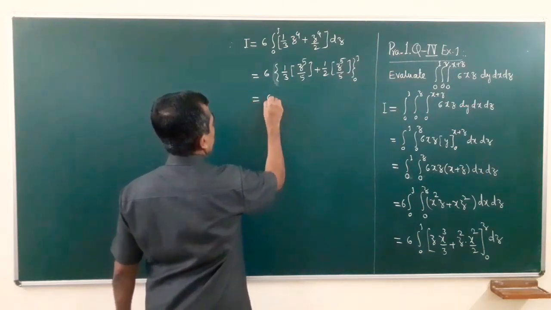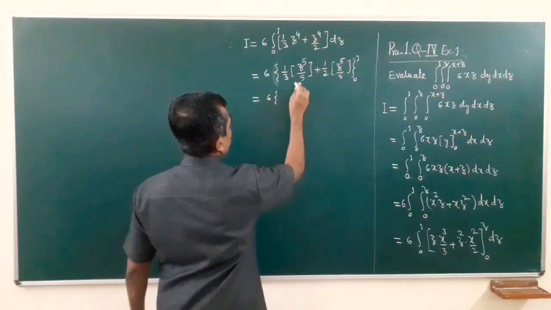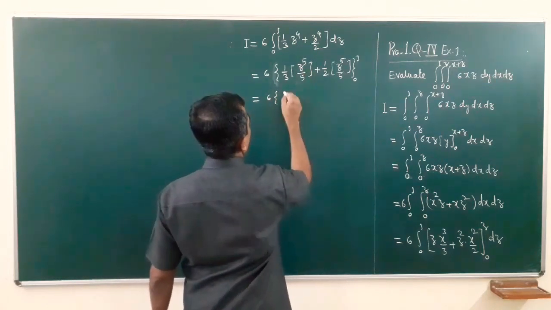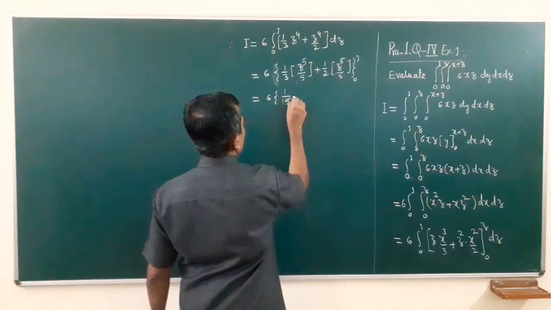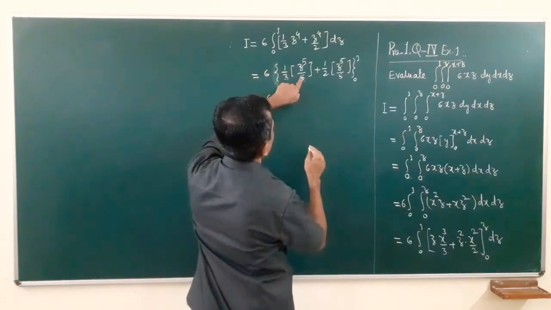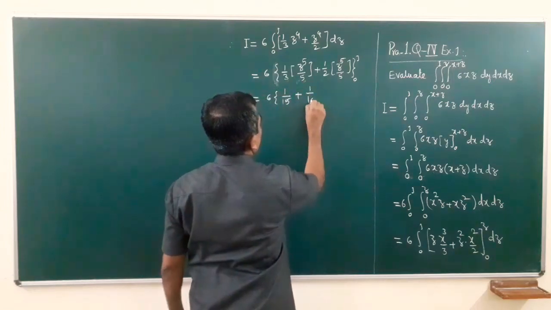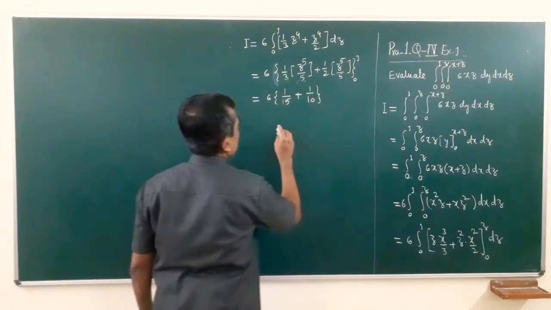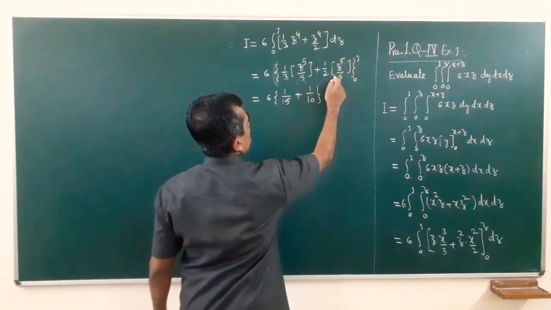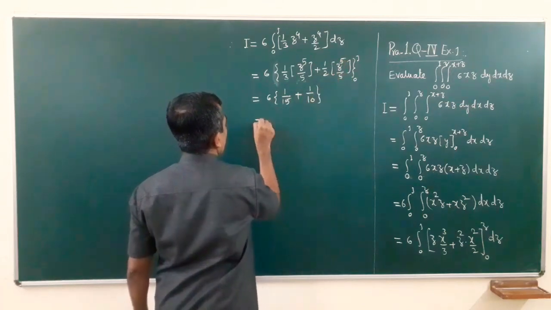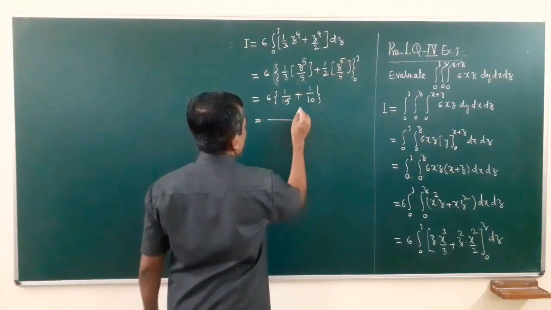So this is equal to 6 into, the upper limit is 1 by 5, so this is 1 by 15 plus this is 1 by 10, upper limit 1 raised to 5, that is 5 into 2, so 10.